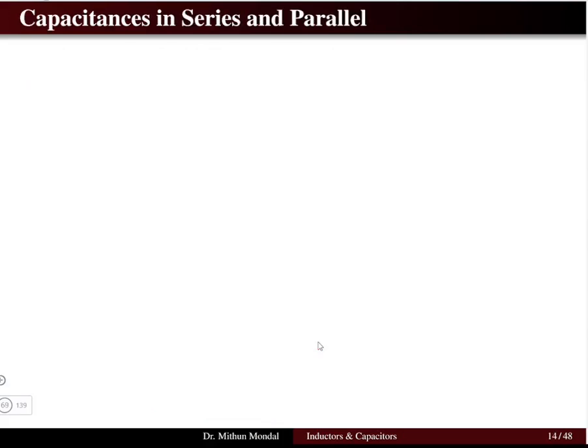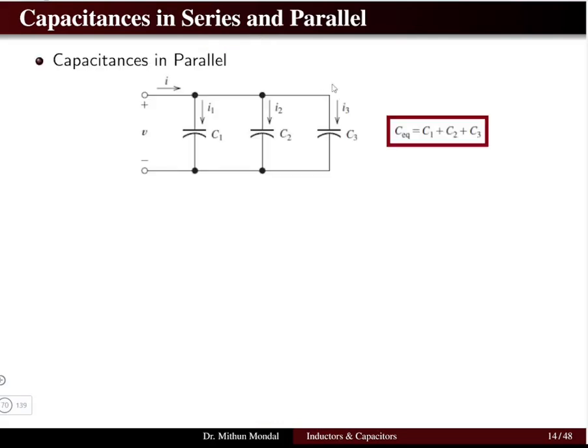Now, capacitance can be connected either in series or parallel. First, let us see if the capacitance is connected in parallel, what is happening and what is the equivalent capacitance. Similarly, what we have done for the resistance. So we have taken an example of three capacitors C1, C2 and C3, which are connected in parallel with a voltage source.